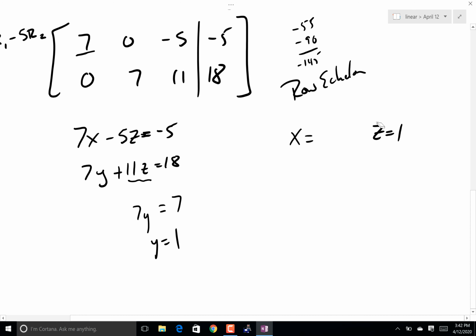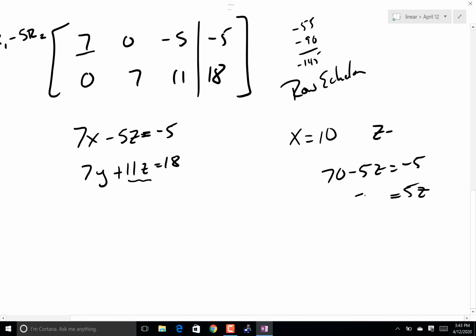But Jay, why'd you pick 0? Because I felt like it. Could you pick something else? Of course. What do you want to pick? 10? Sure. So if x is 10, that's 70 minus 5z equals negative 5. I suck at math, so let's do some manipulations here. So you get 5z is equal to 75. That means z is 15.